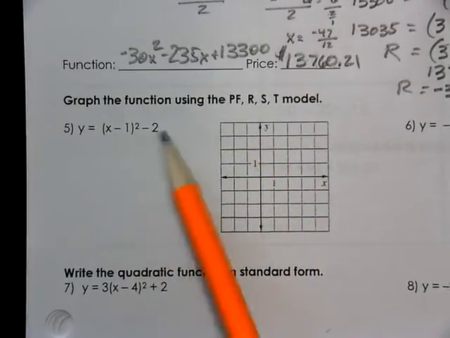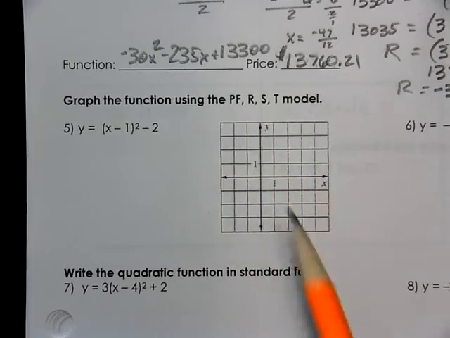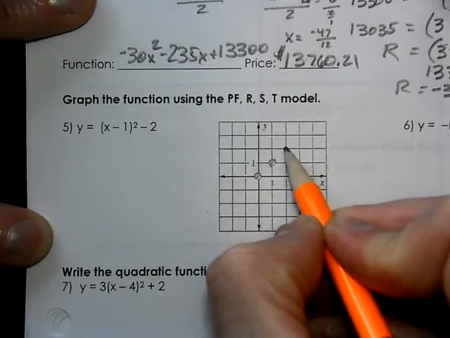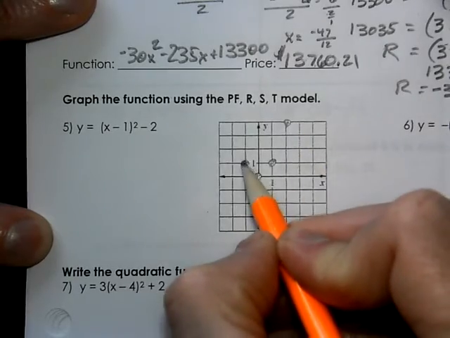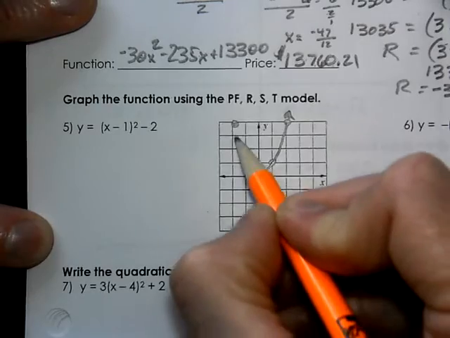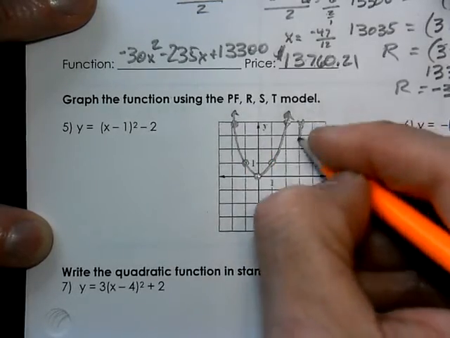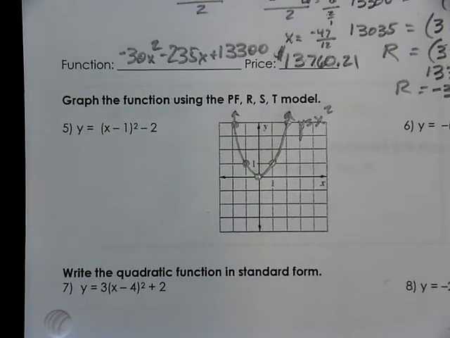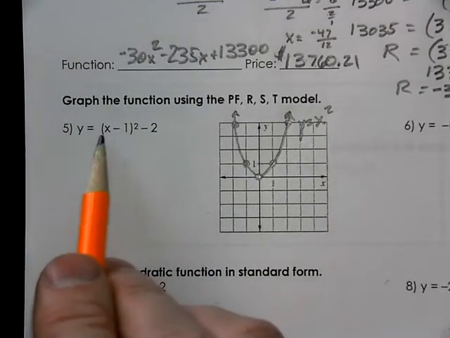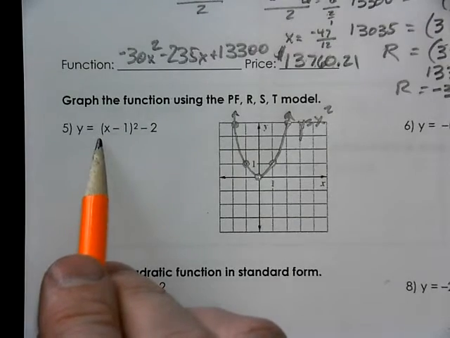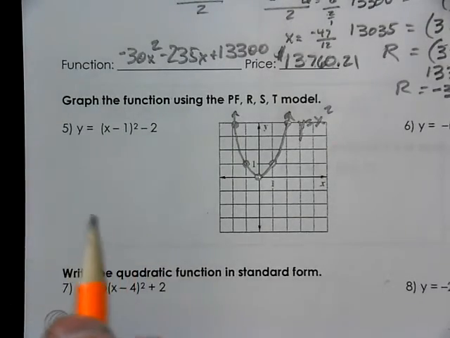Here, this is vertex form, so we're going to have to do the parent function. So that's y equals x squared. And then there's no reflection. There's no stretch, but there is a translation.